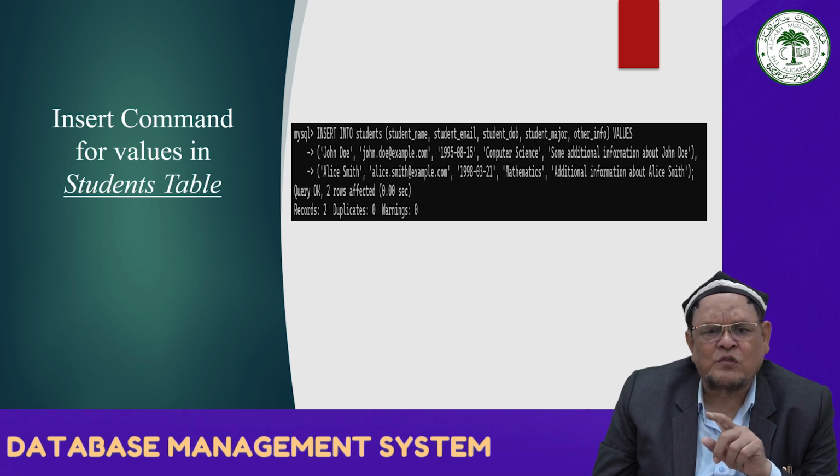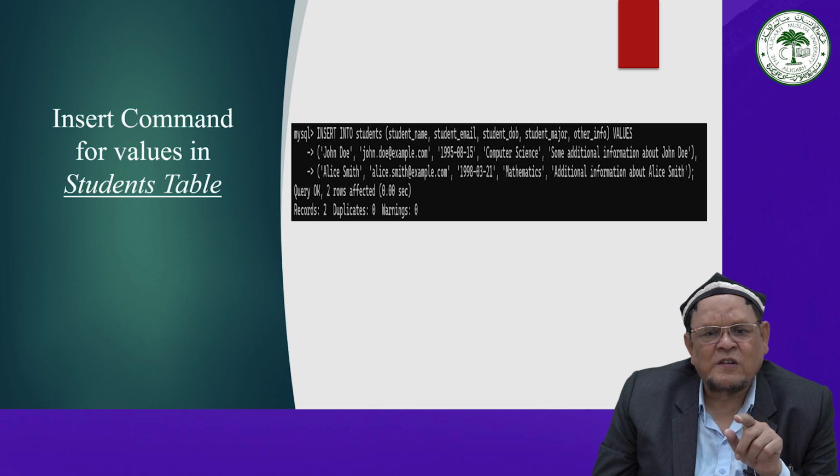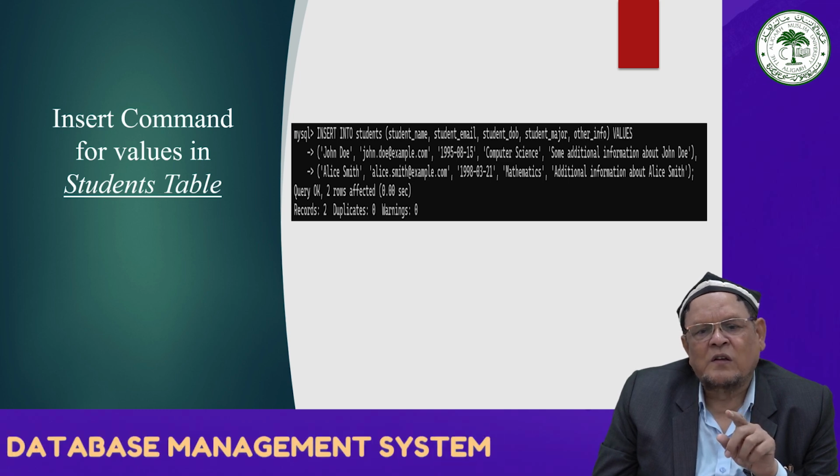Then you have to write values, then parenthesis, John Dew within quotes, then john.dew@example.com, this is the email, comma, 15 August 1995, in the code format. Then the student major, computer science, and some additional information about John.